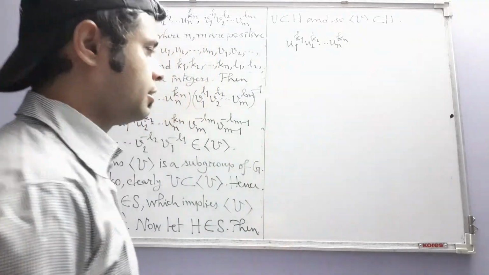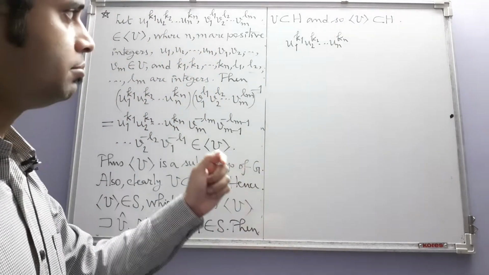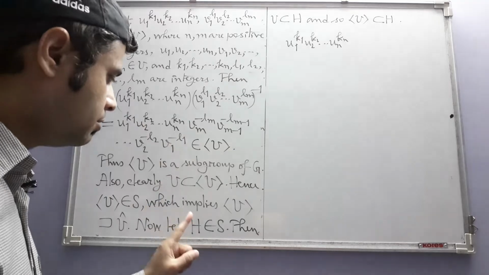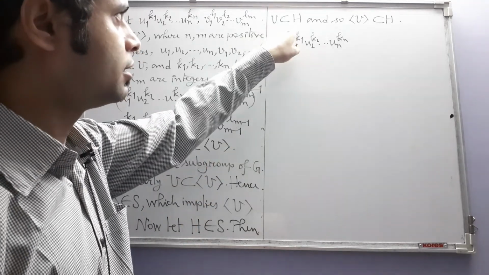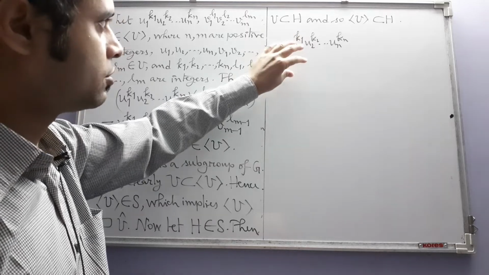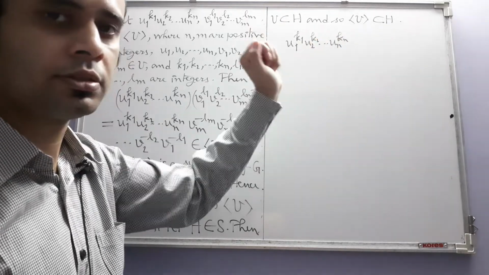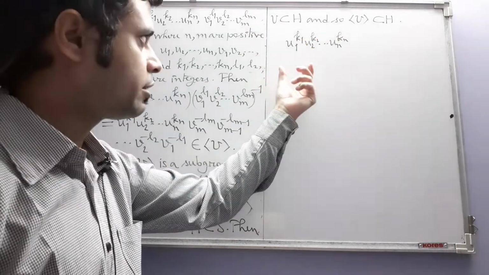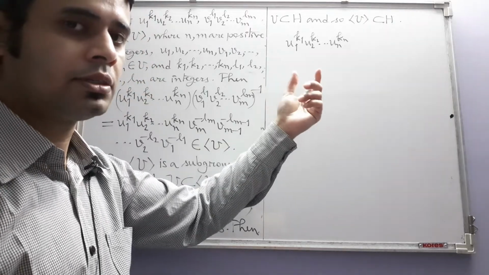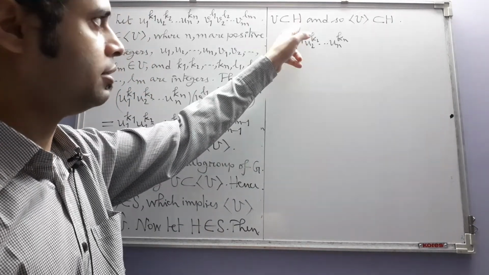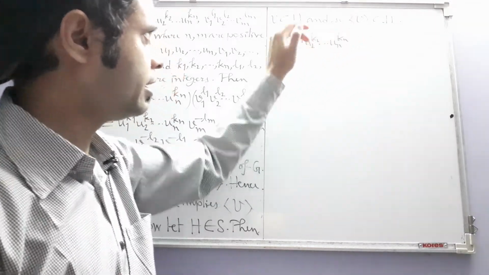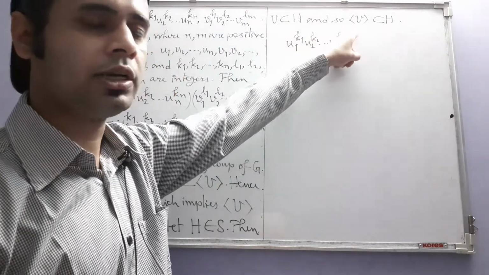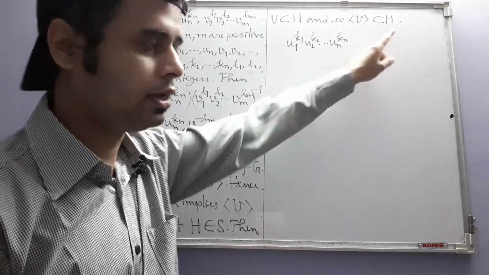The ki's are integers and ui's are coming from U. Now since the ui's are coming from U, the ui's are in H, so their integral powers are also in H, and the product of those integral powers is also an element of H. That means this general element of this subgroup is again in H, and that is why this subgroup is contained in H.